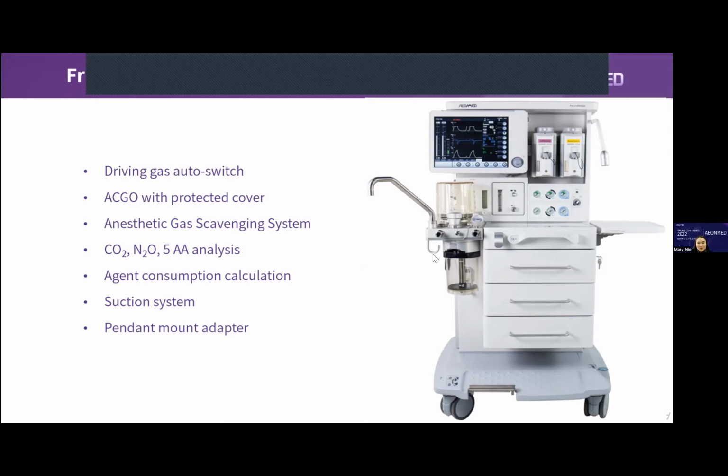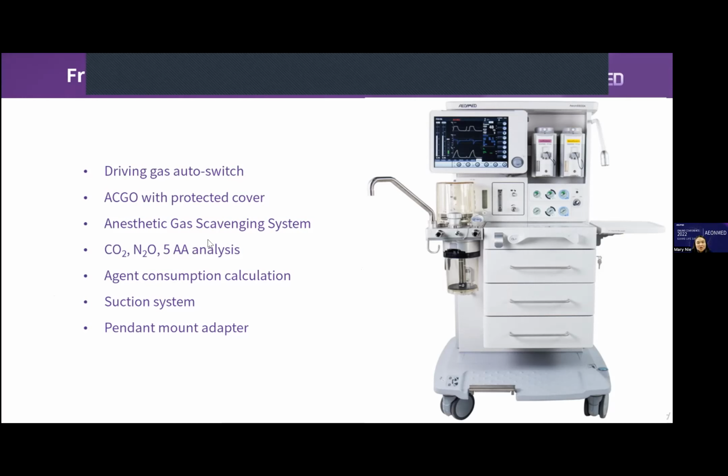And the ACGO protective power cover here, so there will be no misconnection like here. And also we can monitor the 5 anesthetic agents: sevo, iso, and des, nitrous oxide, and halothane.